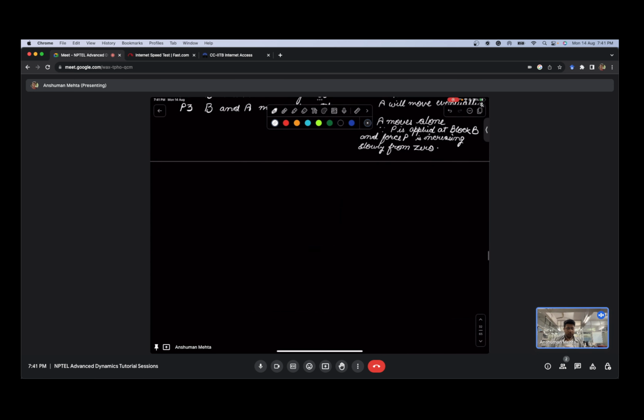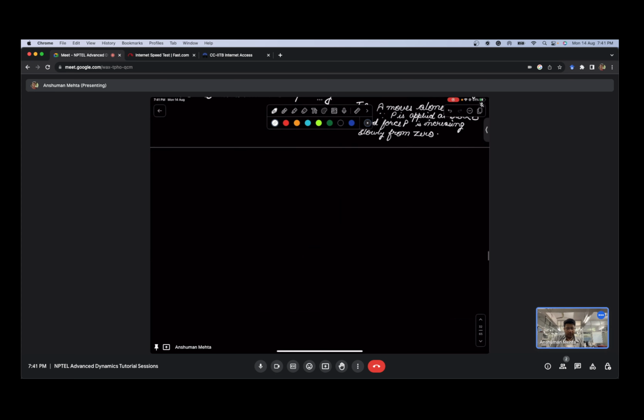So now starting with case 1, we say that P is in between 0 and FB max.